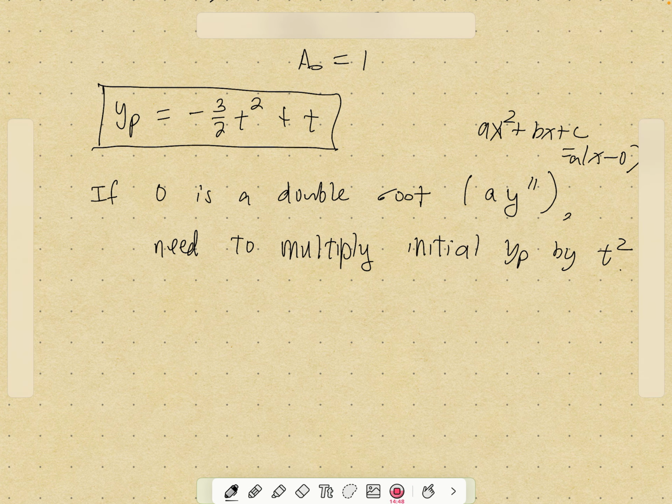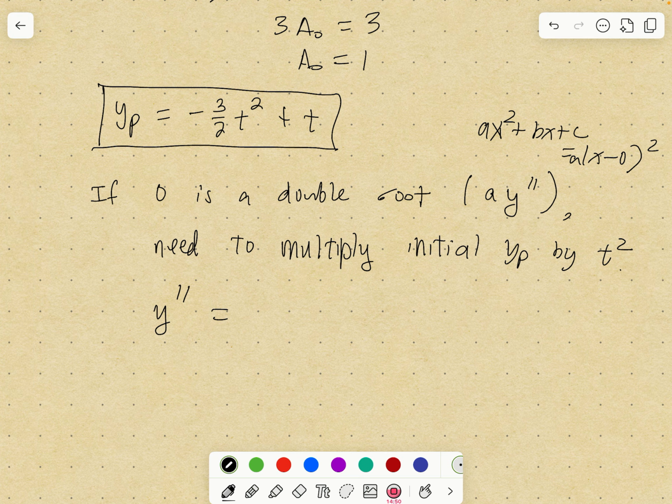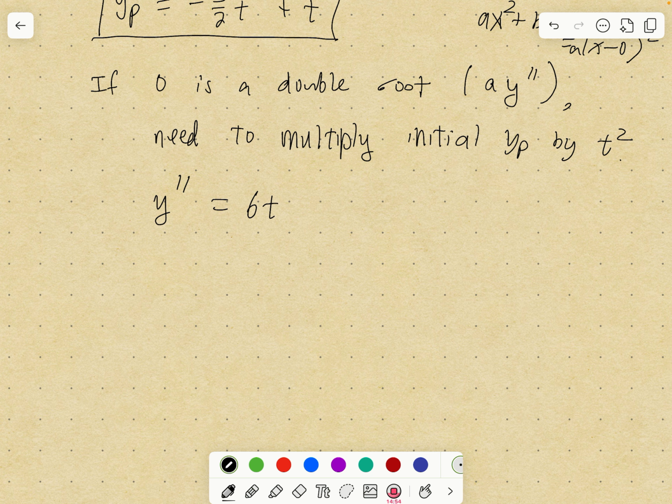So for instance, if you had y double prime equals 6t, okay, then first it's easy to solve, so I guess you don't really need to do this. But if you wanted to use the method of undetermined coefficients, you would make it be t squared times (a1t plus a0). And then you'd be able to solve for a1 and a0.